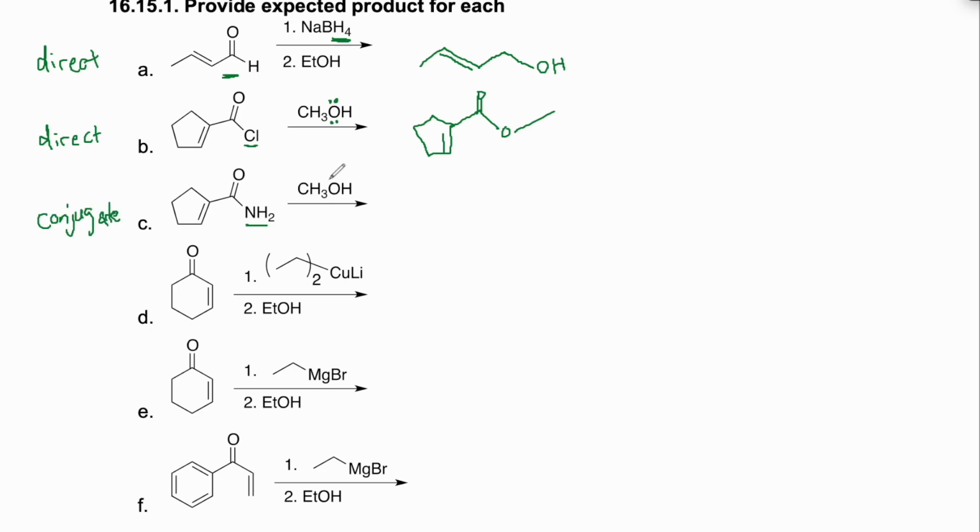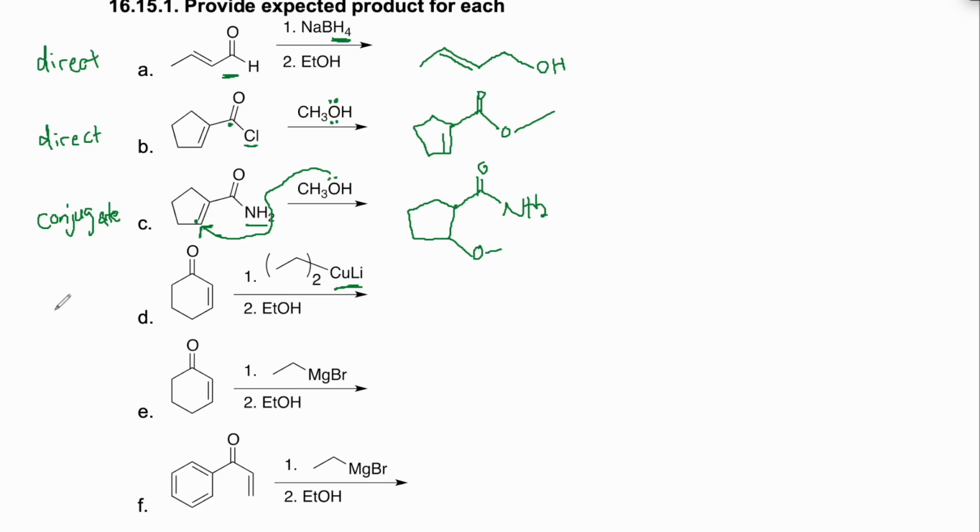And that means this nucleophile is going to add to the beta carbon instead of the carbonyl carbon. And then when that carbonyl reforms, our product would look like this. So here we have the oxygen adding here, and in this one we have the oxygen adding here to this beta carbon.